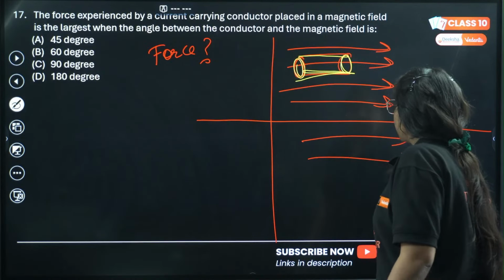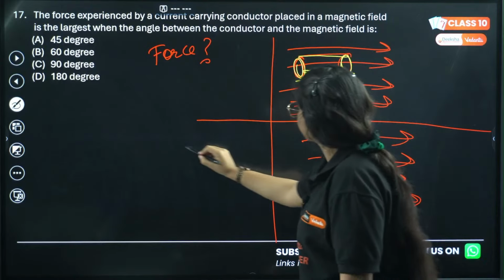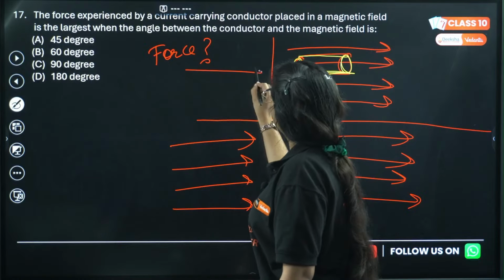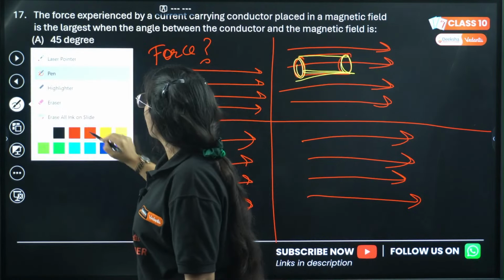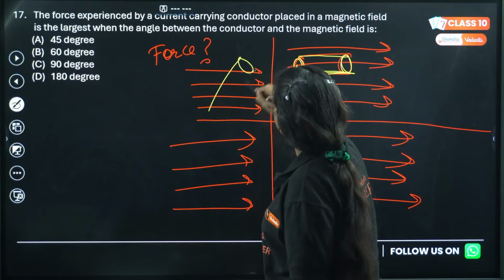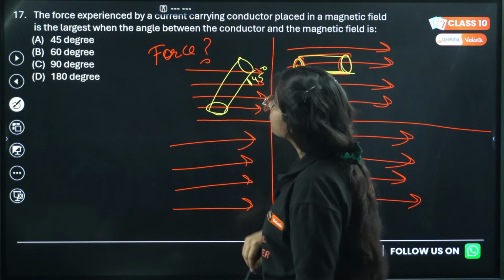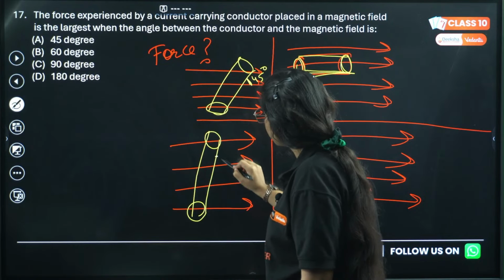This is my magnetic field, correct? These are the four scenarios that are given. First, they said the conductor is lying at 45 degrees, something like this. Then 60 degrees, something like this, a little more slanted.